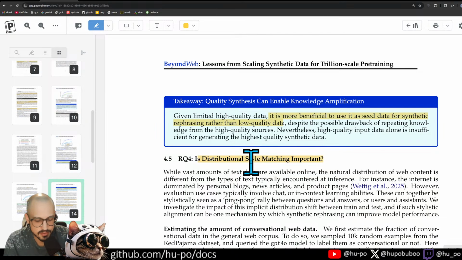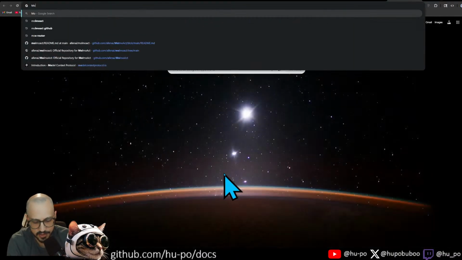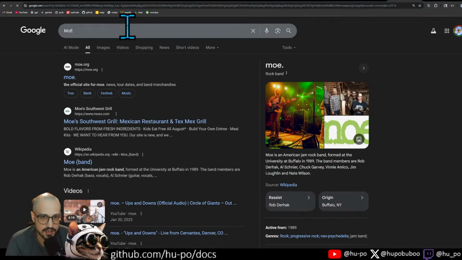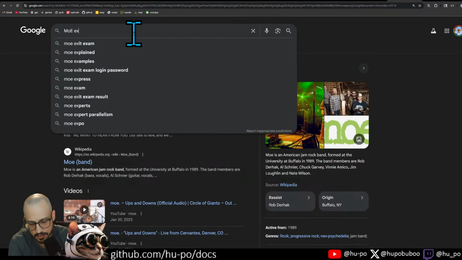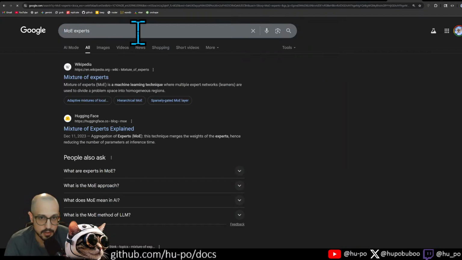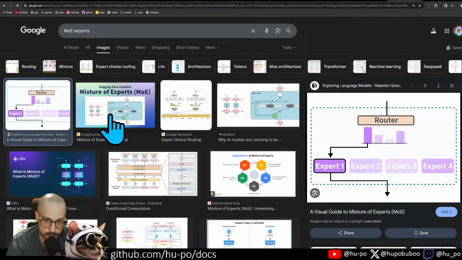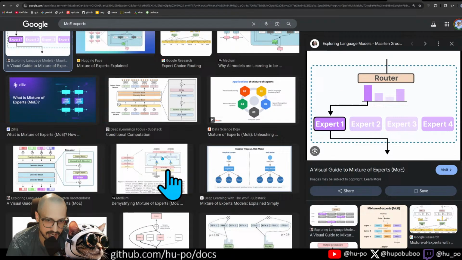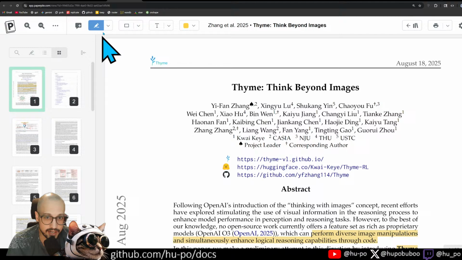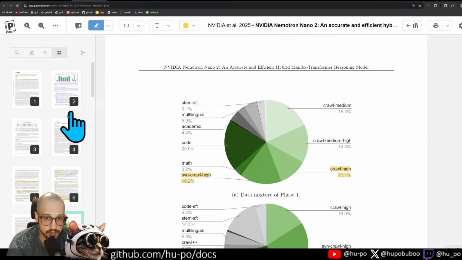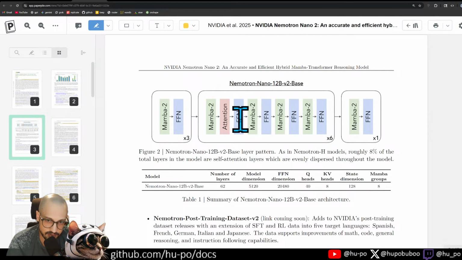People get confused about this all the time, but MOE is not the same thing as that. MOE is just a model architecture. It's basically just having multiple FFNs. If we go back to the nice figure from the Nemotron, you see this FFN?